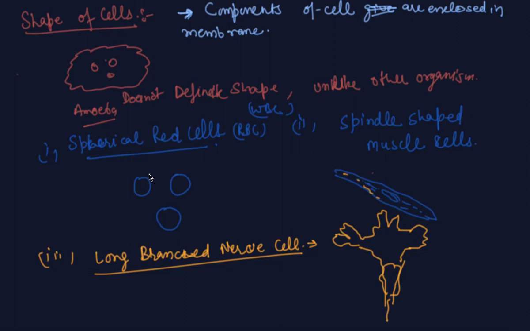Now comes the size of the cell. Let me erase all this. As I told you, there are trillions of cells in the human body, and the size of the cells is not the same. They vary.